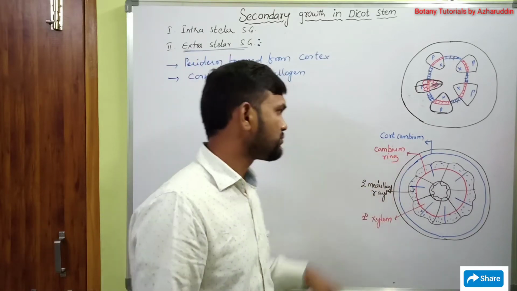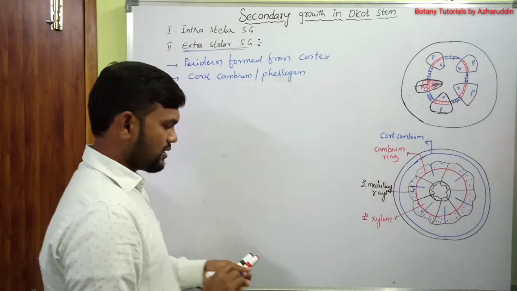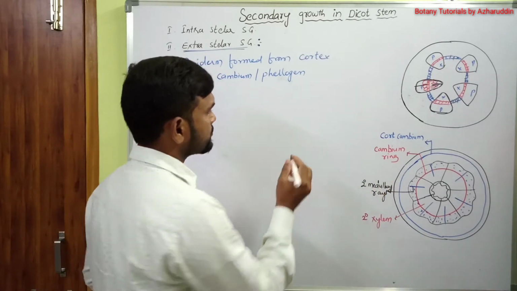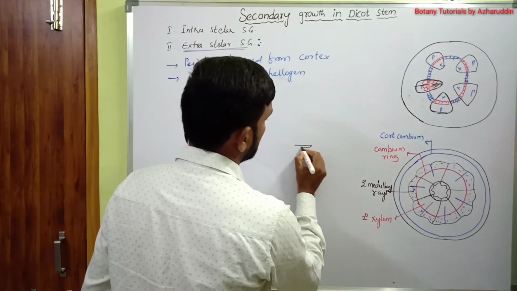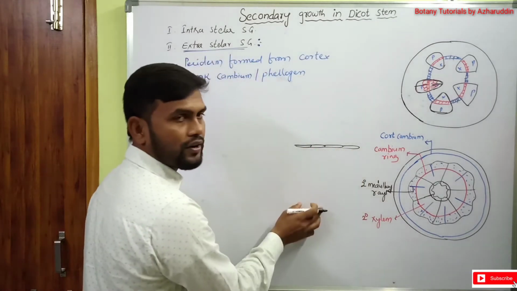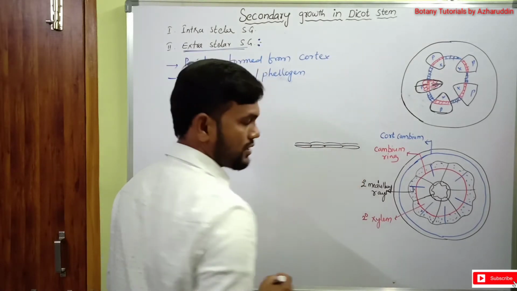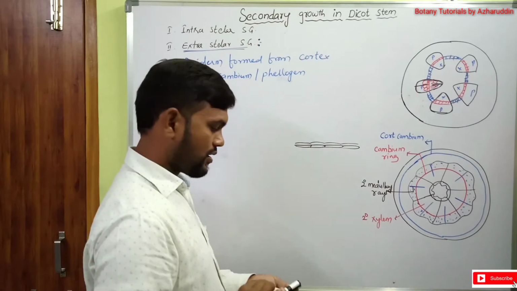After formation of cork cambium, suppose this is the epidermis, and this is the cuticle. Below the epidermis, cortex is present.